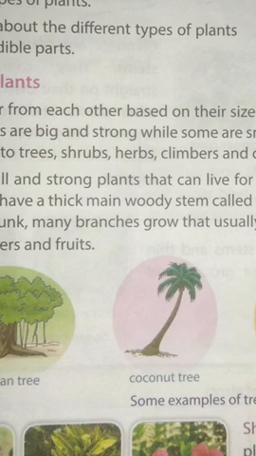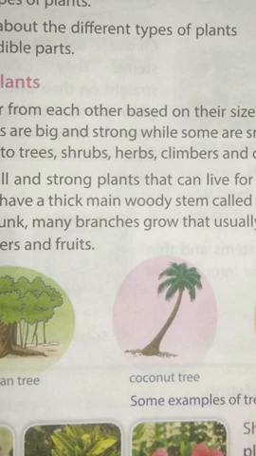Like coconut tree gives us coconut, and from coconut we get coconut oil and coconut water. And mango also we get from mango tree. So like that, trees give us many things.